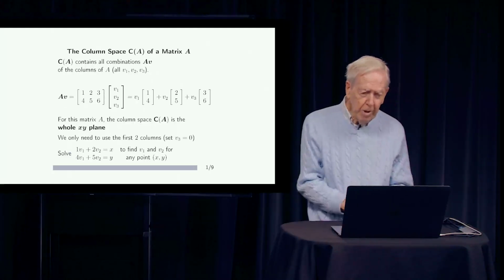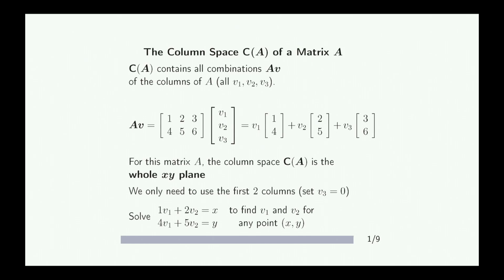So here's the first, the column space of a matrix. So I have to take an example. So there's a matrix that has 2 rows and 3 columns. And we'll find the 4 subspaces for that matrix. Okay, so the first one is the column space. So what does the column space mean?